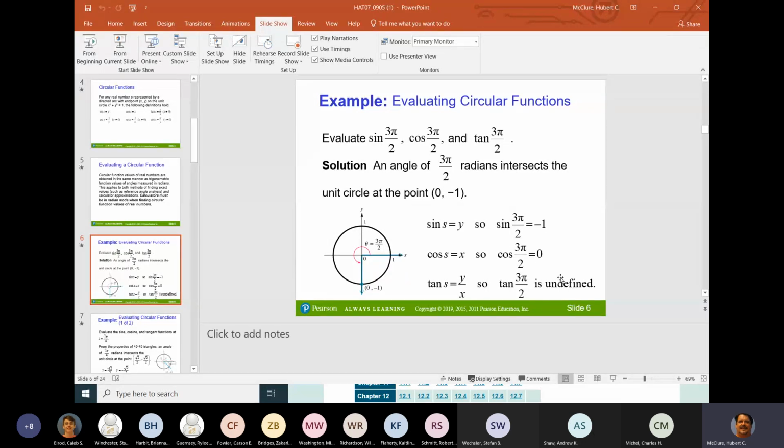The reciprocal of undefined is 0, so the cotangent would be 0. The secant would be undefined, and the cosecant would be -1. Cosecant is -1. Okay.